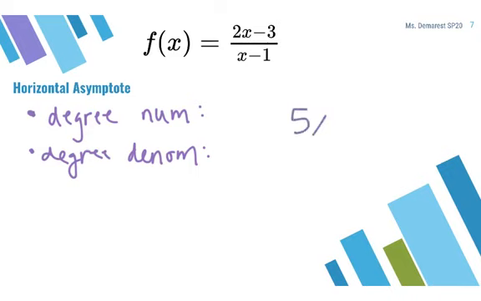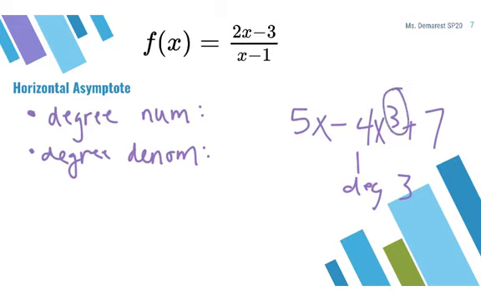So if we had something like 5x minus 4x cubed plus 7, the degree of that is going to be 3 because the highest exponent is 3. So if we look, both of these don't actually have an exponent. They're linear, so it's x to the first. So the degree of our numerator and denominator are both 1.